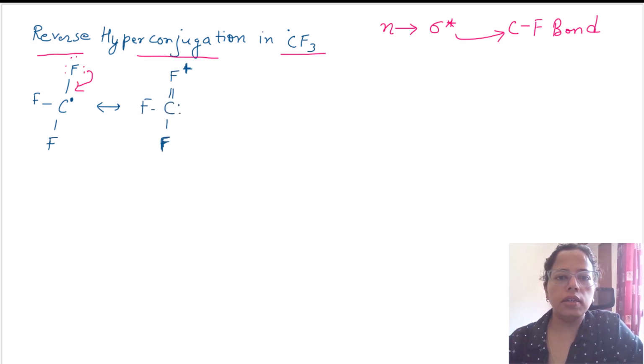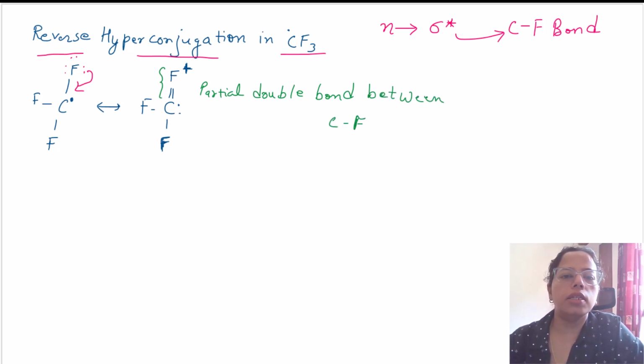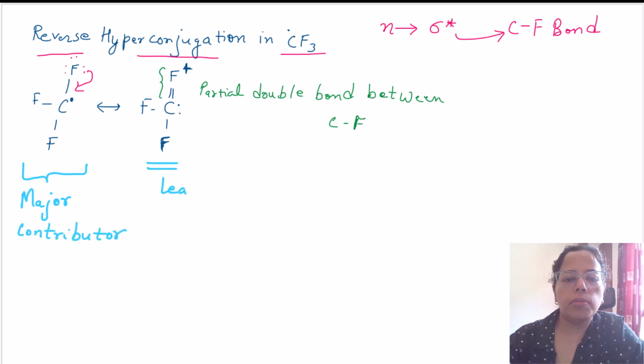The result is the development of a partial double bond between carbon and fluorine, and a positive charge develops on fluorine, which donates the electrons. We can show this resonating structure for the other two fluorine atoms as well. And it is important to note that the structure where the lone pair resides on the carbon atom is the major contributor in the resonating structures, while this one is the minor contributor.